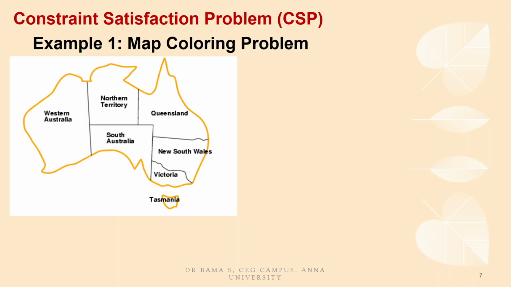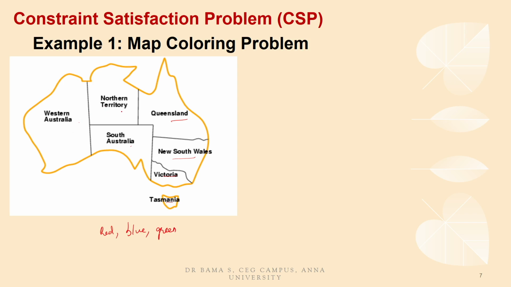For example, on the left side, this is a map of Australia with the states Western Australia, Northern Territory, South Australia, Queensland, New South Wales, Victoria and Tasmania. The idea is we have to color this Australian map with 3 colors, red, blue and green, such that no 2 adjacent regions share the same color.